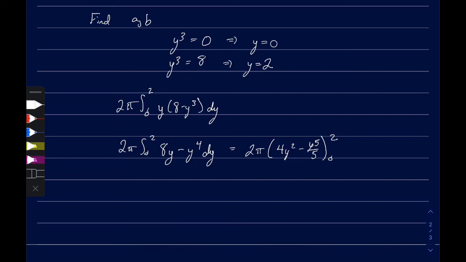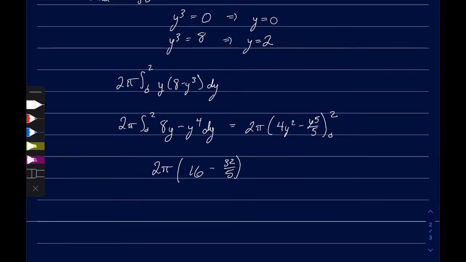Again, the 0 doesn't matter because when we plug it in, we get 0 out. So it's going to be 2 pi times 4 times 4, so 16, minus 32 over 5.